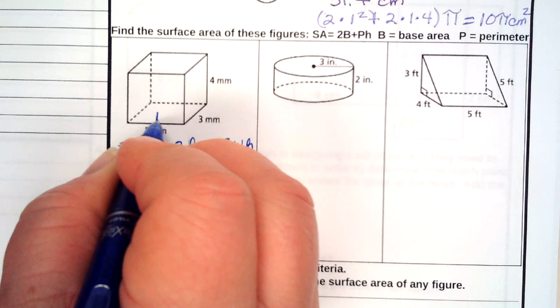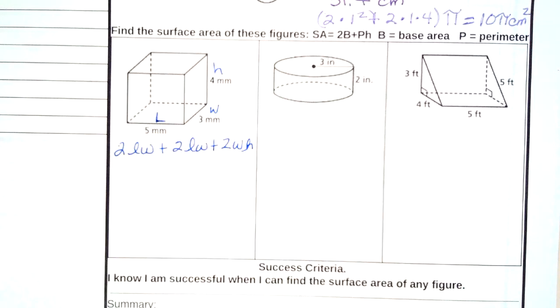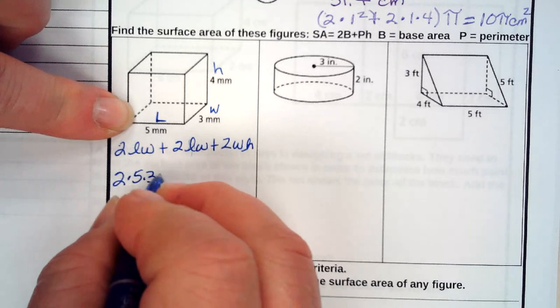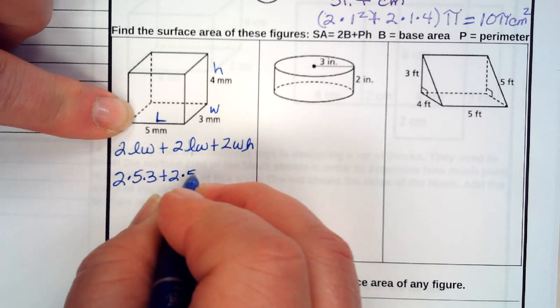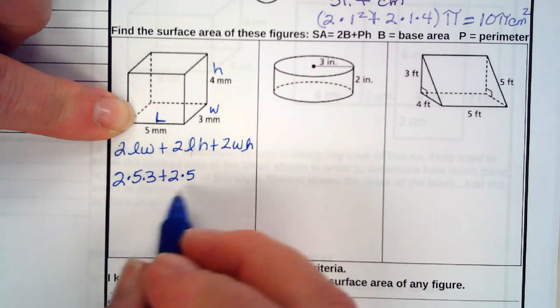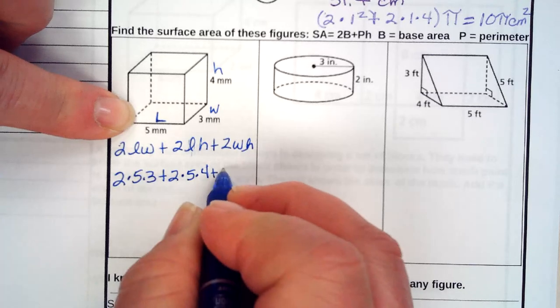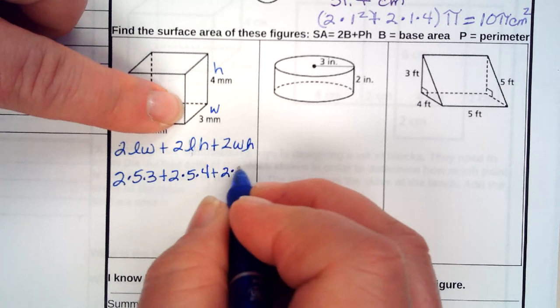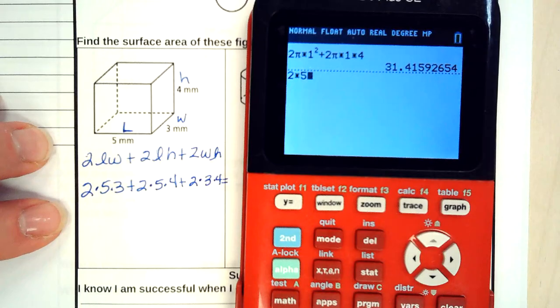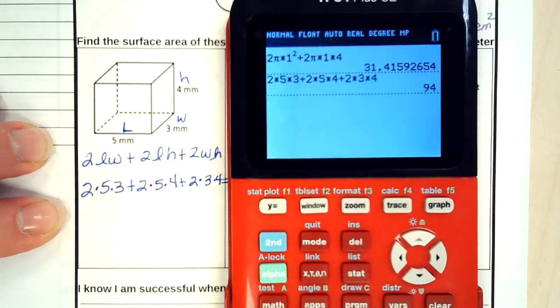So I'm going to call this my length, my width, my height. 2 times 5 times 3 plus 2 times 5 times 4 plus 2 times 3 times 4, and we end up with 94.